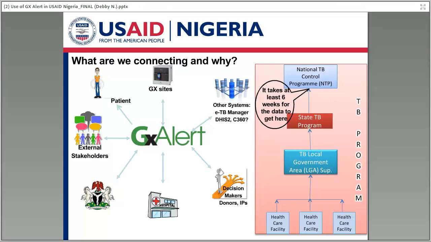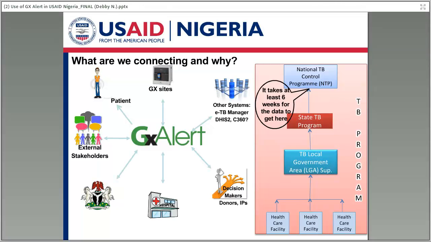So we would get data when it's too late to make any decisions that would impact change or fix anything. We had instances where if an Xpert machine was down, we wouldn't know until 2 months after it broke down, or if it broke down at the beginning of the quarter, we wouldn't find out until 5 months later.